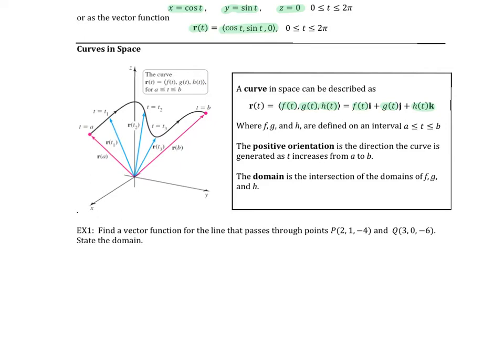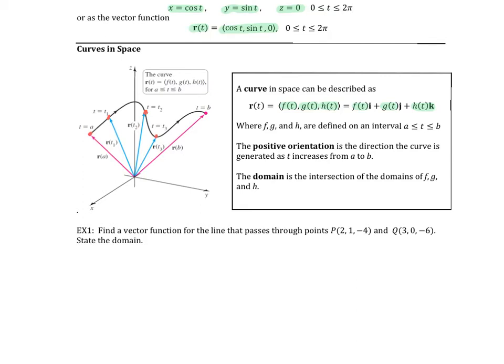So any curve in space can be described as a vector valued function r, where when you look at the graph, any point on this graph can correspond to a vector where the head of the vector describes this point. So at every point on this curve, we can describe that point in terms of a vector whose head is at that point.